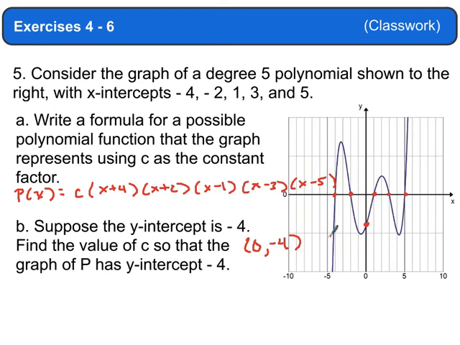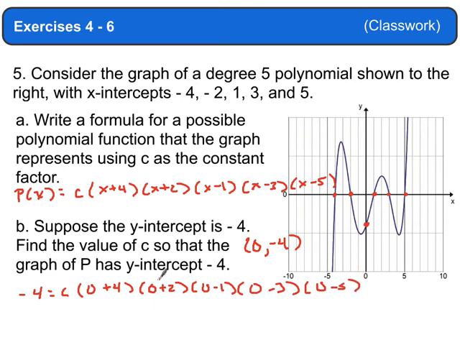So we can do that. Since this is y, we say -4 is equal to c times 0 plus 4, 0 plus 2, 0 minus 1, 0 minus 3, and 0 minus 5. So that means this is c times 4 times 2 times -1 times -3 times -5. And that's going to equal -4.